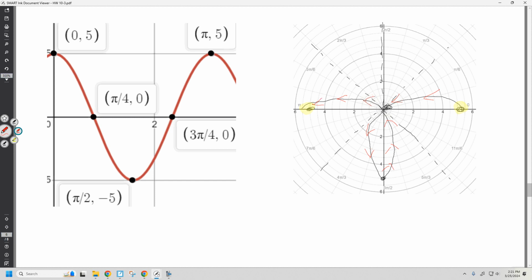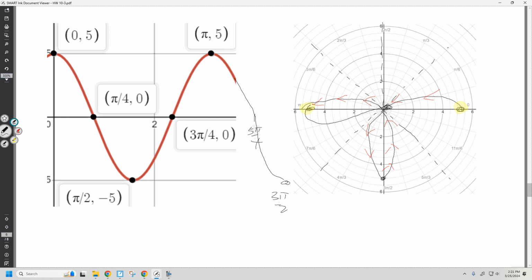between pi and 5 pi over 4, I will have positive radiuses getting closer to 0. Between 5 pi over 4 and 3 pi over 2, here's your answer. Ready? Between 5 pi over 4 and 3 pi over 2, our radius is going to go negative.